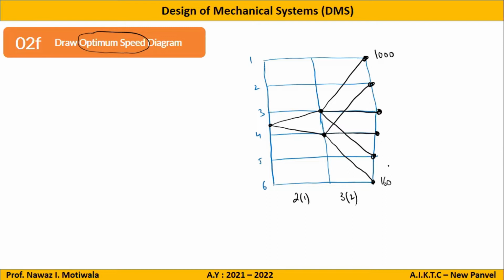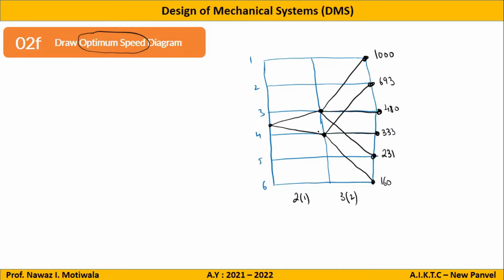And in between, we have already found these values. 160, then 231, then 333, then 480, then 693. So these are all the speeds which we want.